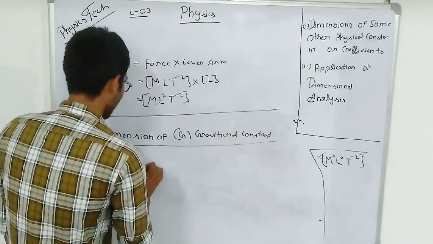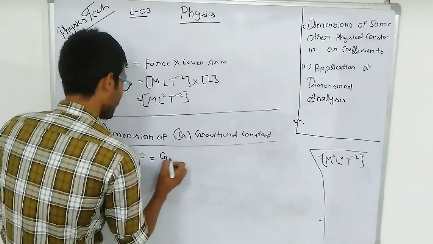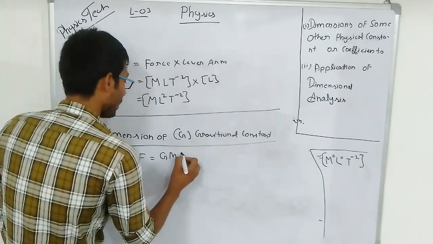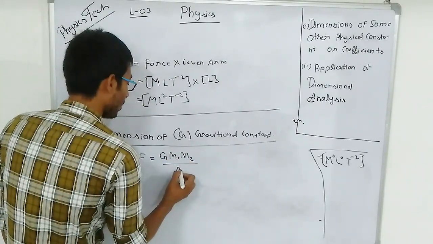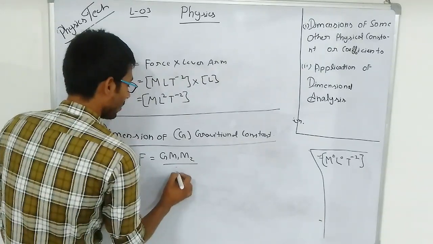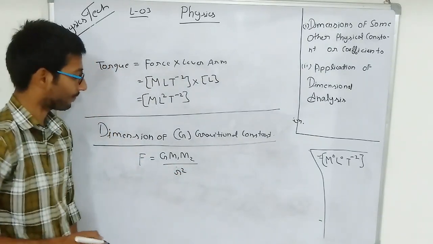We know that F is equal to G m1 m2 upon r square.